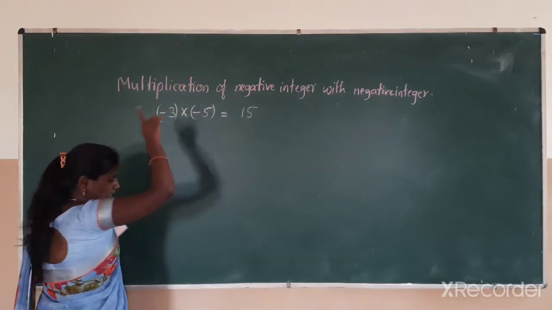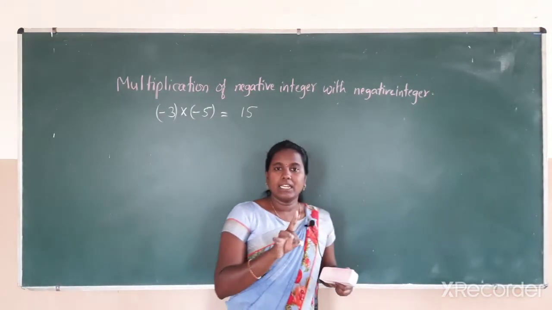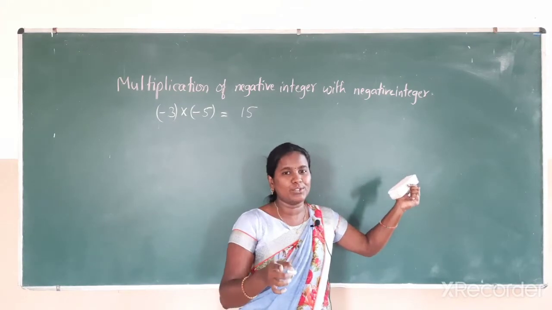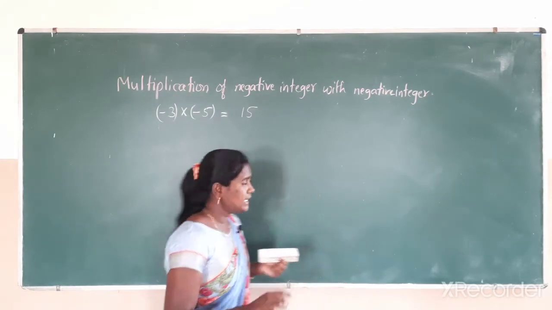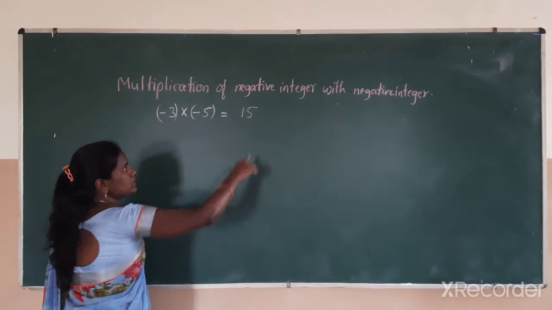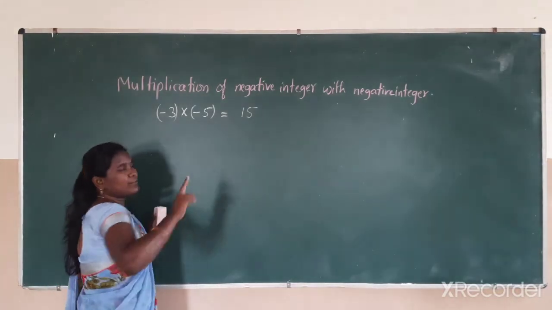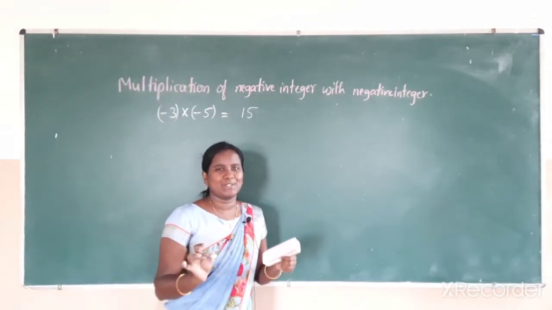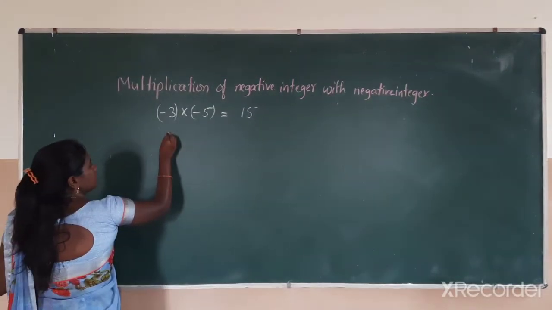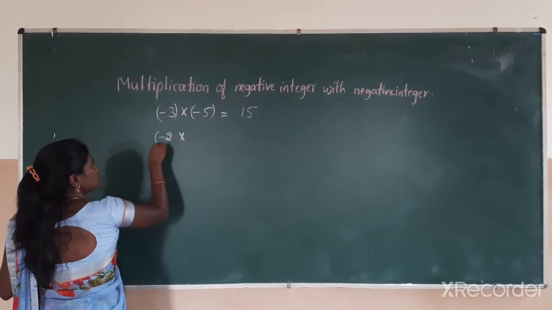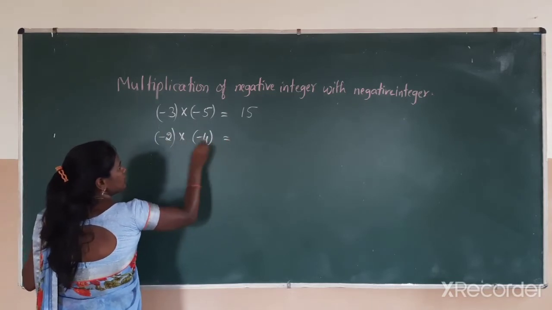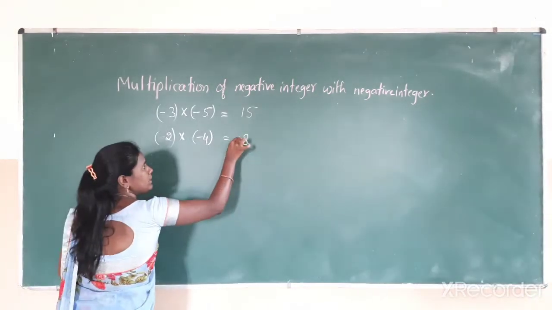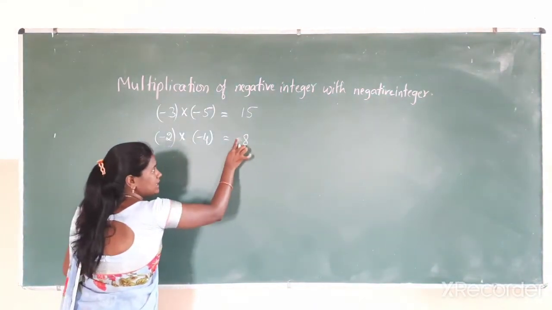Both are negative signs. When you multiply a negative integer with a negative integer, the product you get is always a positive integer. Minus into minus is plus, so it is 15. Don't write plus 15. If nothing is there, it is understood that it is always positive. Now, if it is minus 2 into minus 4, 2 4s are 8, minus into minus is plus. Don't write plus 8, it is understood it is plus 8.